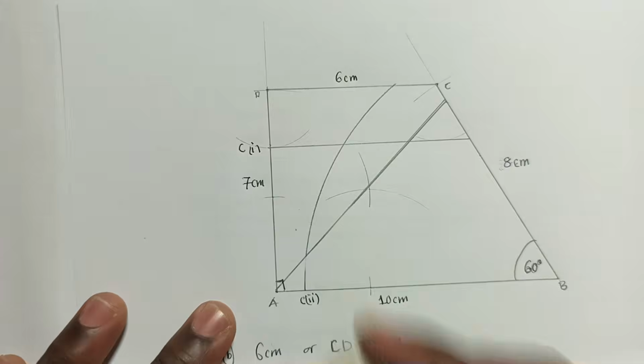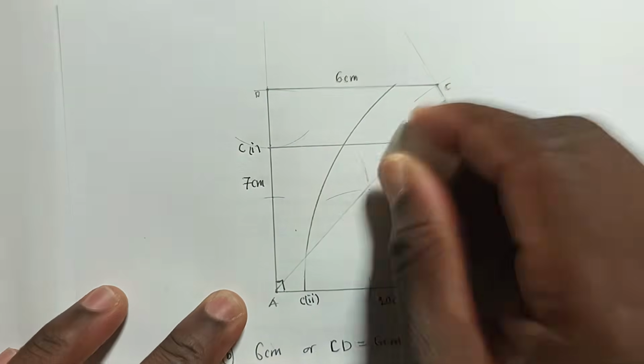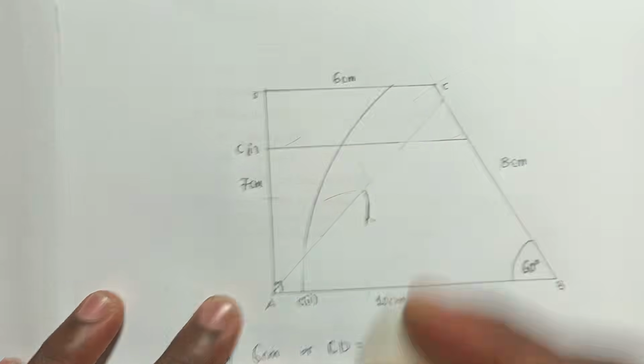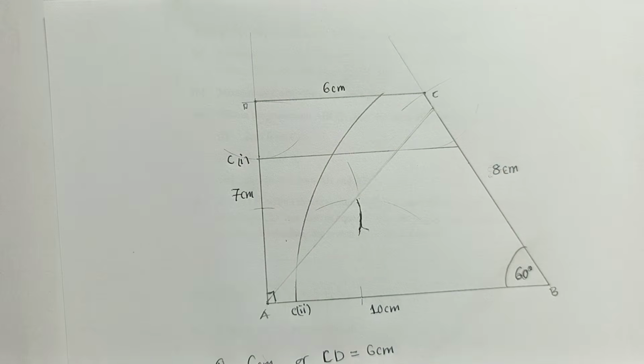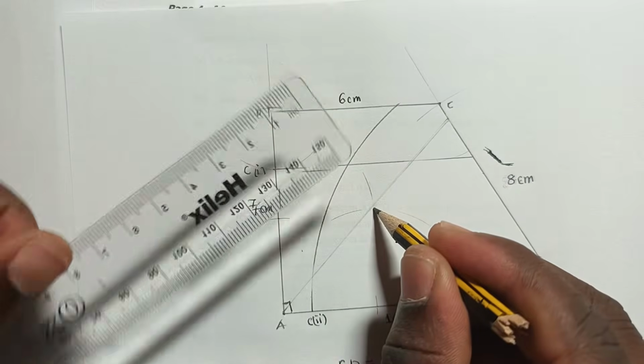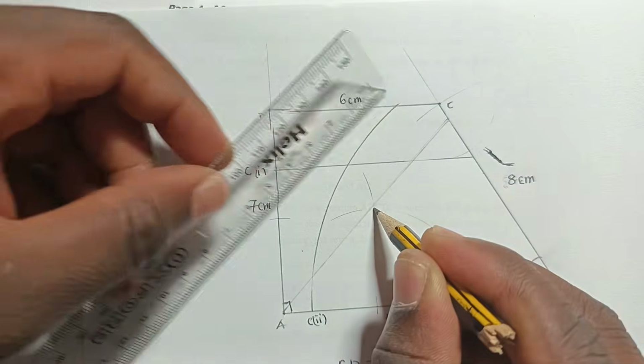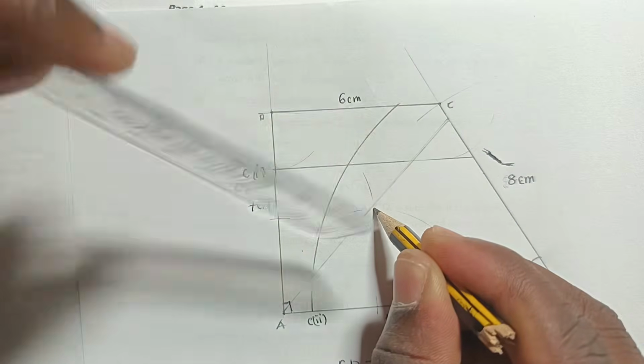Okay, let me just erase. It won't look good. Let me just erase this so that you see. That's why they encourage us to use what? A pencil. In case you make a mistake, the point is here, and the line will pass right over here.